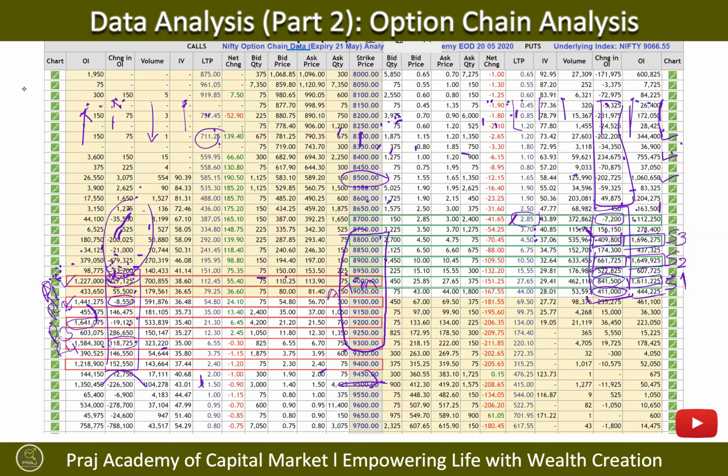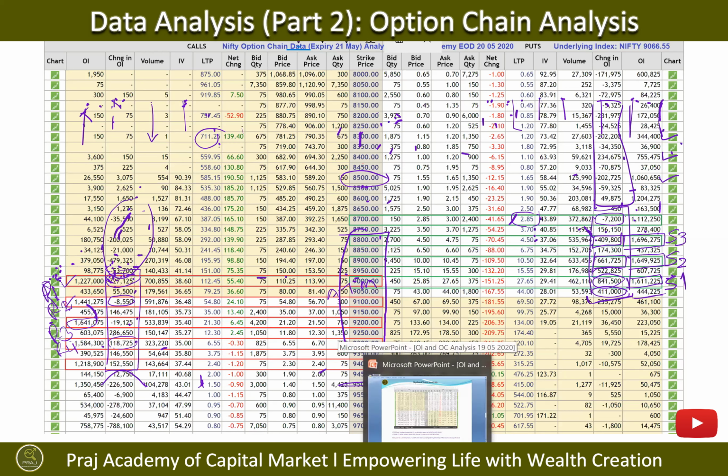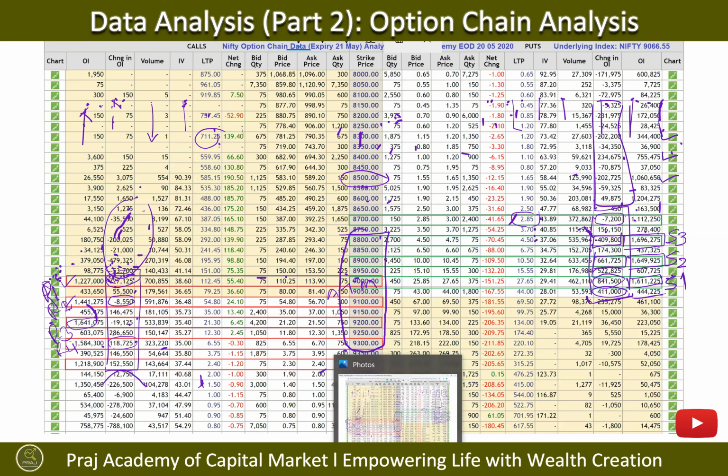It seems there's a huge range of strikes where participants are still active in some hope that can bring forth volatility in trading sessions. I hope this provides you clarity on how to read the option chain data, and this will help you in trading options or even in finding out the direction of the market.